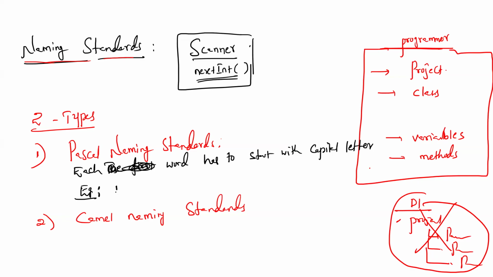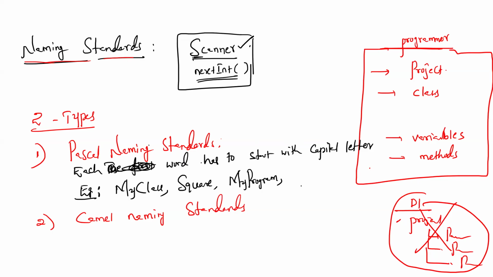M, the first word, M is capital. Then class, C is capital. Just now we used Square, S is capital, the first letter. The first word has started with a capital letter. The next is MyProgram, then best example, Scanner, S is capital. So like this, Pascal naming standard means each word has to start with a capital letter.